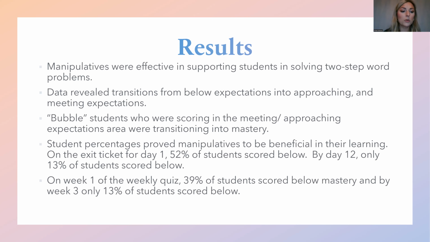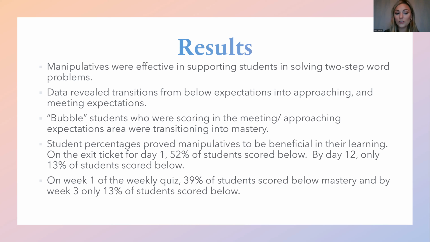The fourth bulleted point states student percentages proved manipulatives to be beneficial in their learning. On the exit ticket for day one, 52% of students scored below. That's more than half of my students. More than half of my students scored below expectations on their exit ticket, meaning they got 0 out of 2 two-step word problems correct.